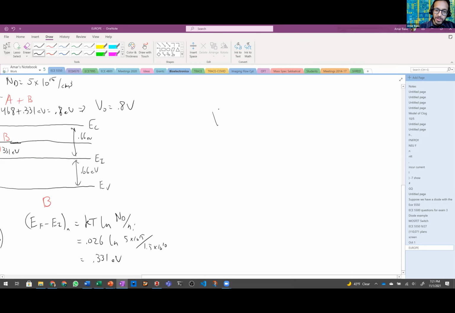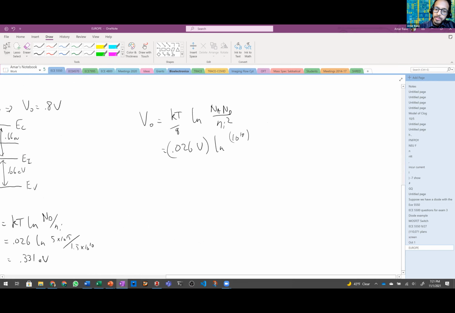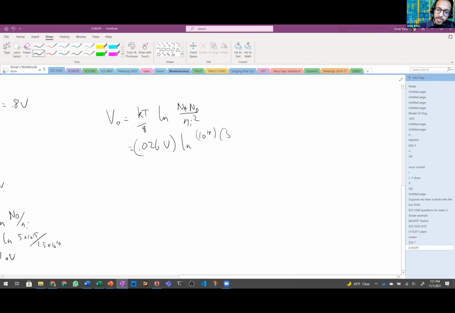All right, so using the basic formula, V0 is equal to kT over q, ln of NA ND over ni squared. This will be 0.026 volts times ln of 10 to the 18th times 5 times 10 to the 15th, over 1.5 times 10 to the 10 squared.